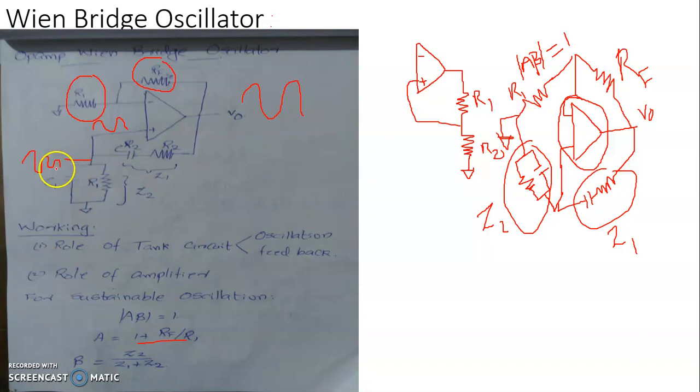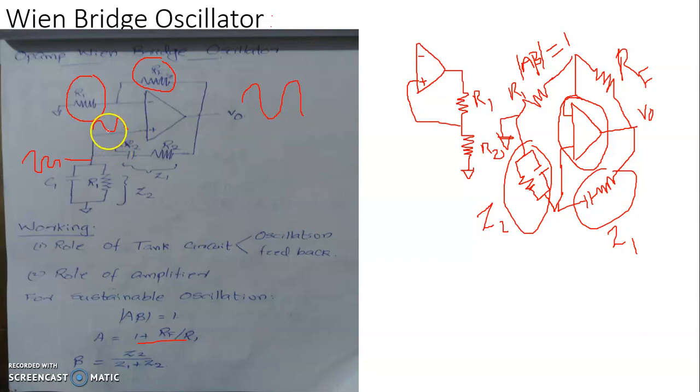To supply back the loss of energy, a part of this output energy is taken using this impedance divider consisting of impedances Z1 and Z2. The part of the output voltage VO appearing across Z2 is injected back to the non-inverting terminal.